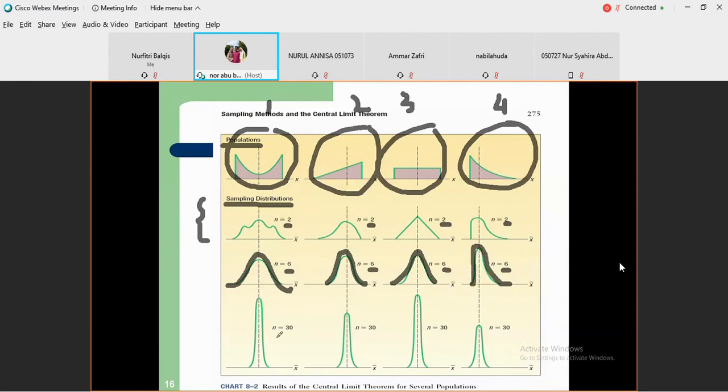Okay, but as you increase the sample size up to 30, have a look at the shape of the sampling distribution. You will identify that all 4 have the same shape. And this is called a bell shape or normal.